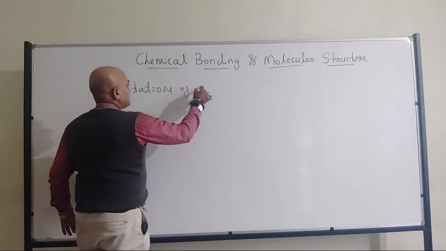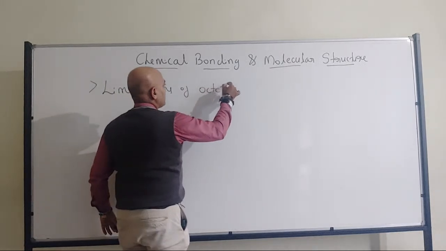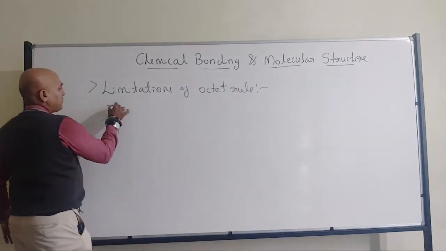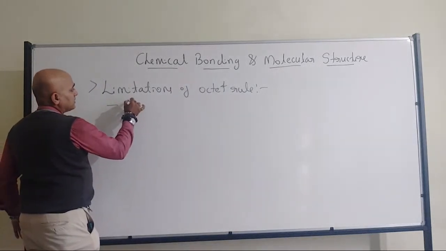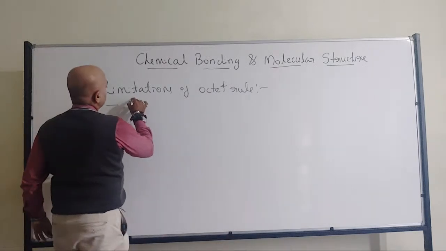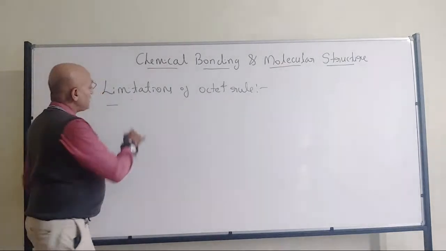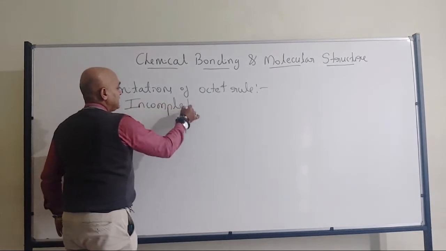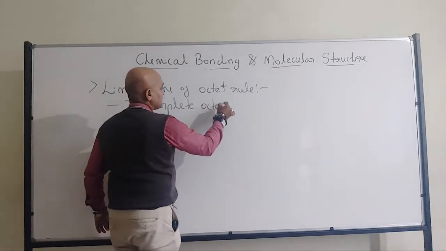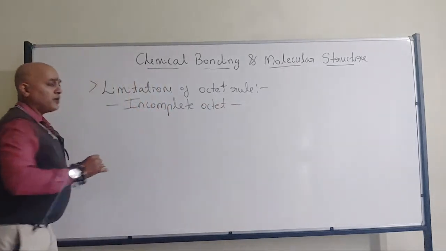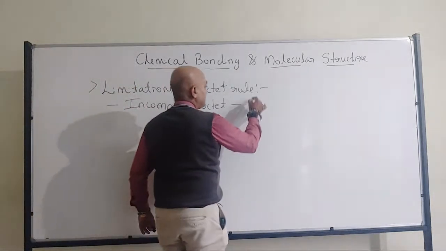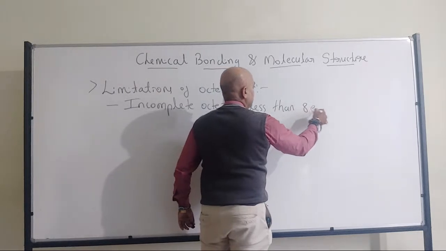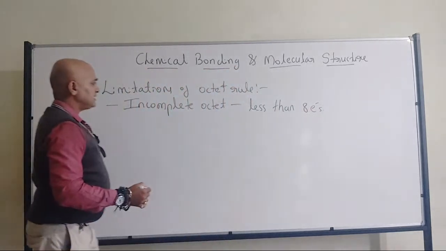In case of the limitations of octet rule, first thing we have gone with incomplete octet. So those compounds which are having less than 8 electrons, elements will have less than 8 electrons, that comes under this category.